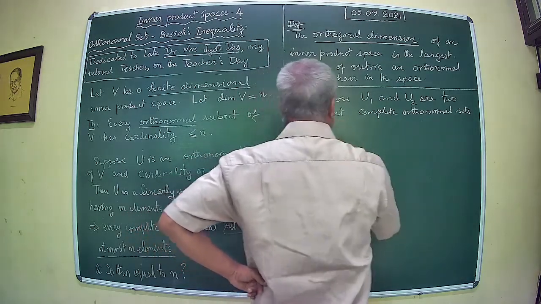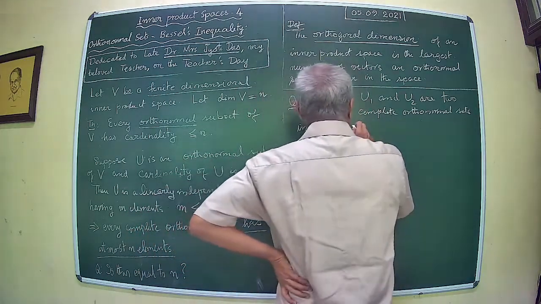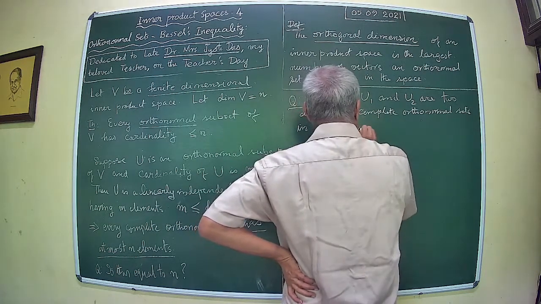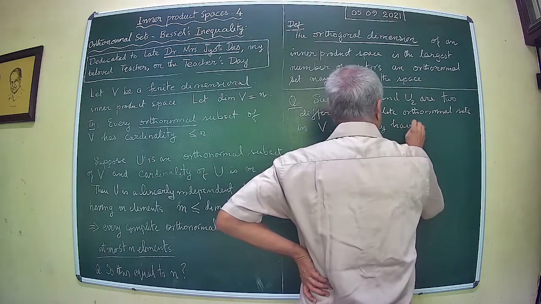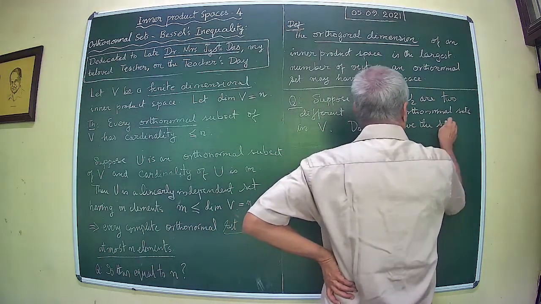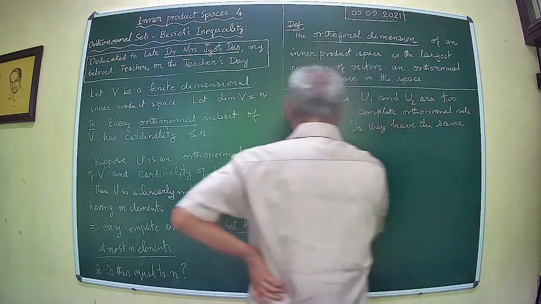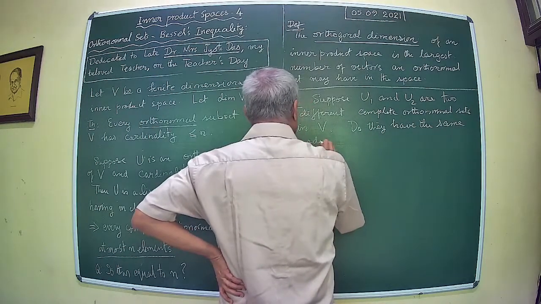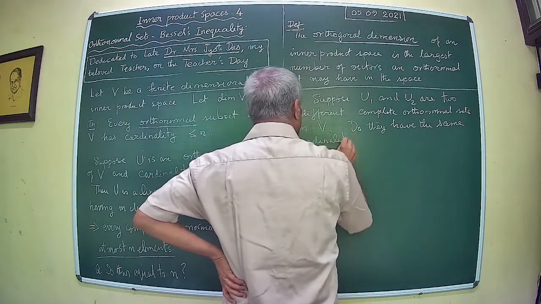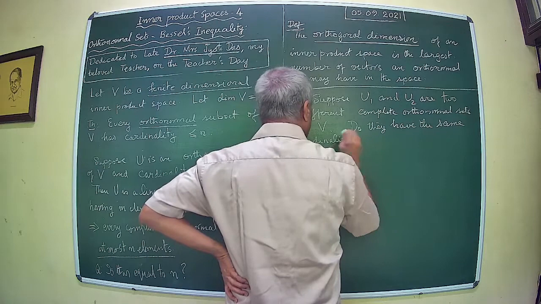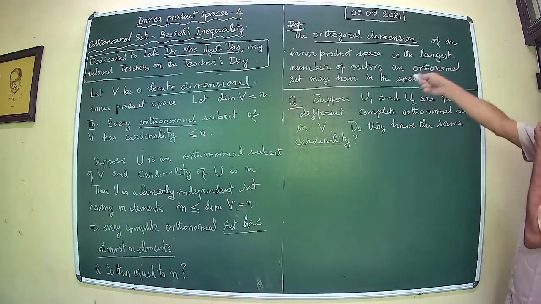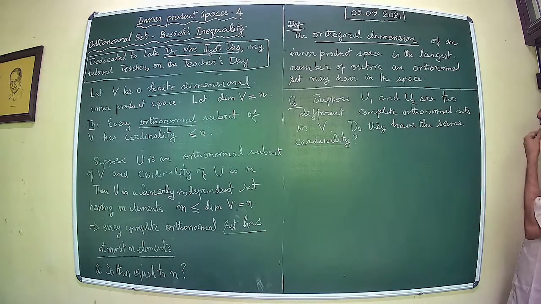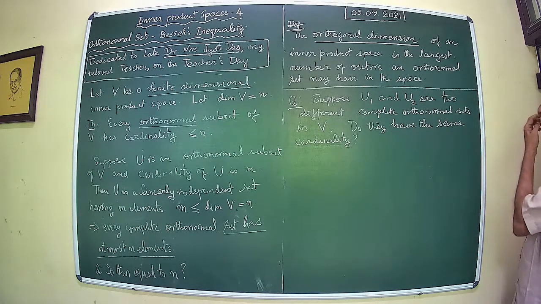That is why we have said the largest number of vectors in an orthonormal set that you may have in the space.